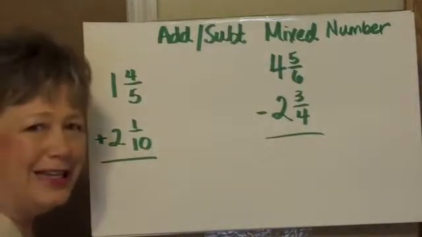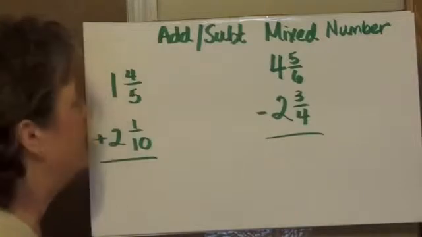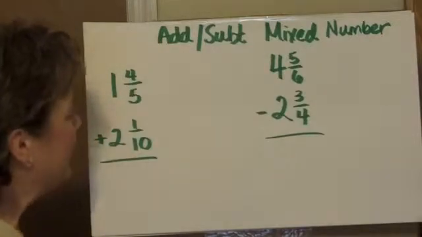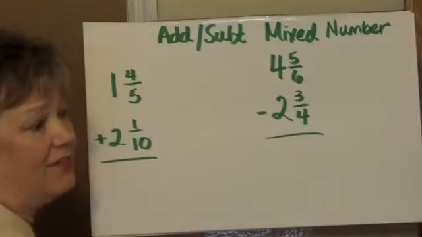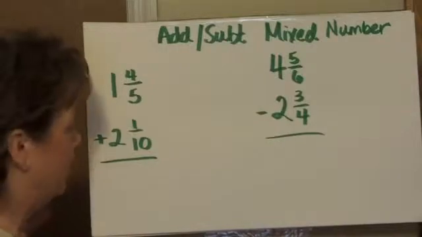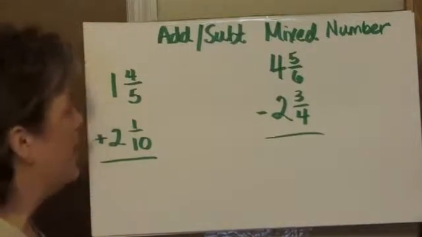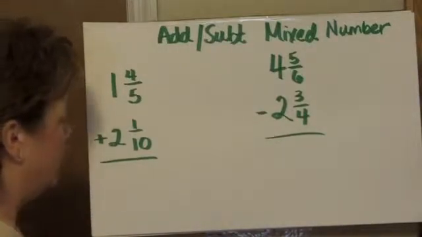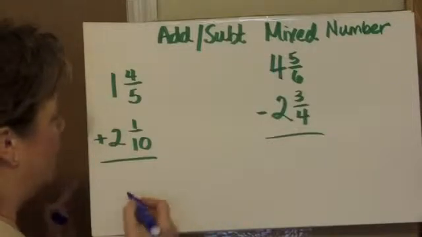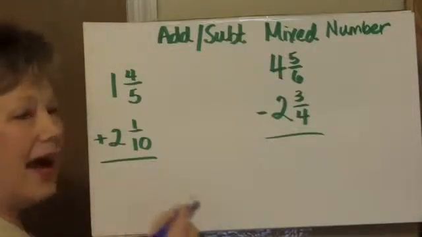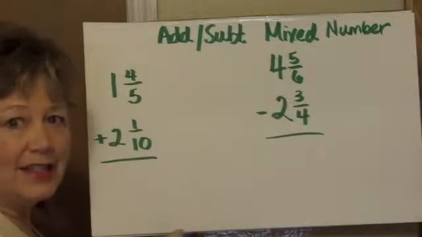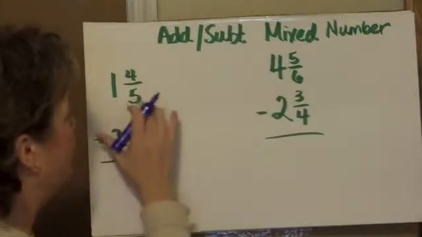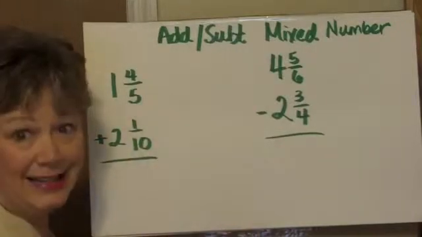So before we do anything else, we're going to get that common denominator. To get that, I think of the least common multiple, and again, you can make that list and start thinking of those in your brain. And I know that the least common multiple between 5 and 10 is 10.